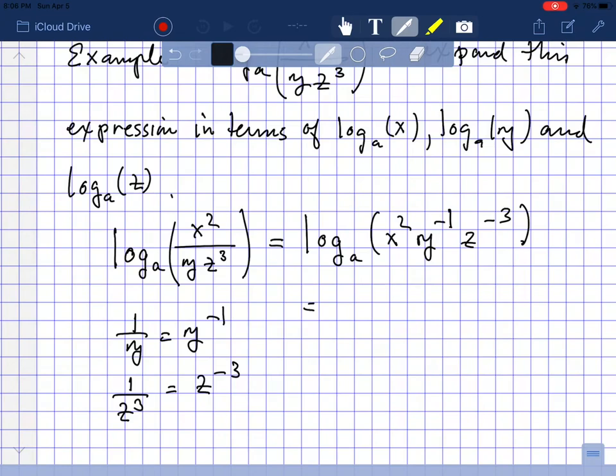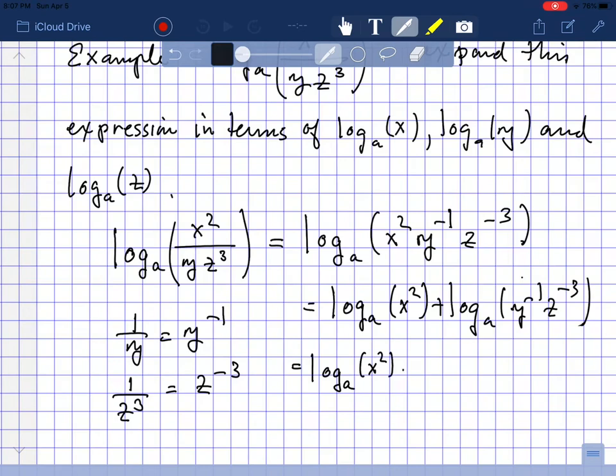Okay. Now what do I know? Well, since the term inside the parentheses is represented by a product, this is going to be the log base a of x squared plus the log base a of y to the minus 1 times z to the minus 3.